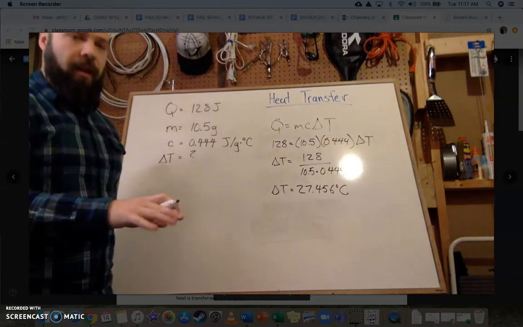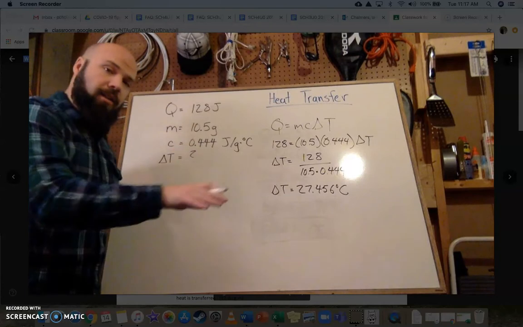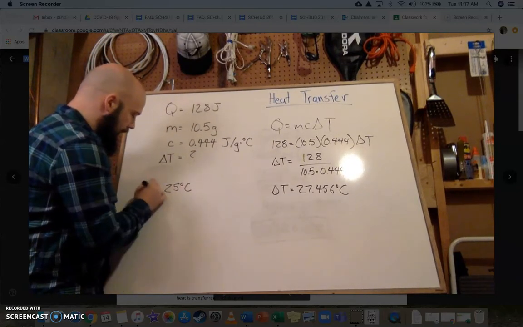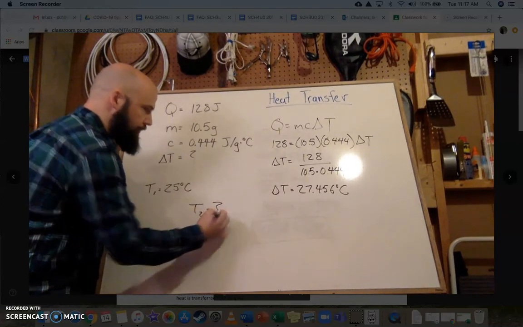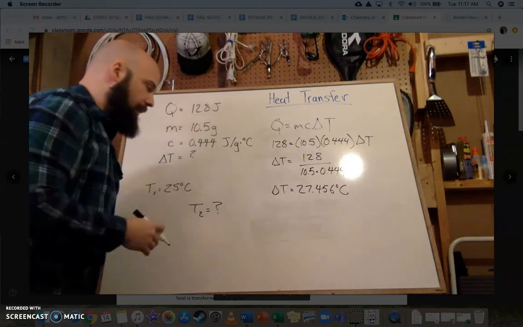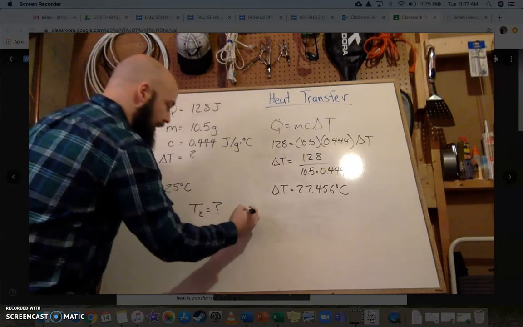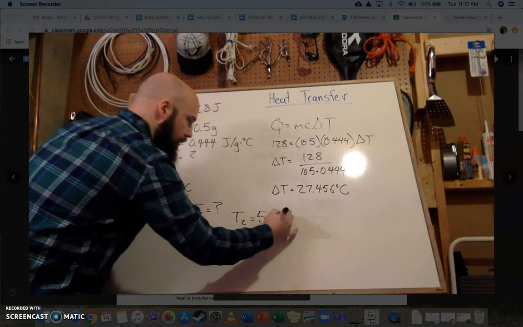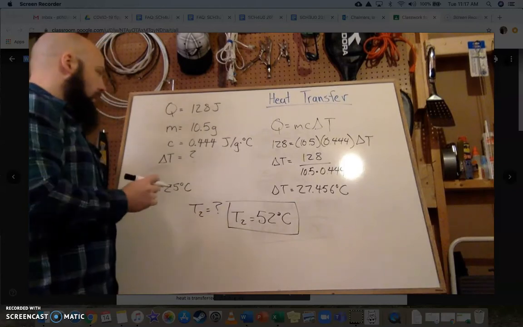This is not your final answer because it asked for the final temperature of iron, given that it starts at 25 degrees Celsius. We could call that T1, and you're looking for T2. So you just add 25 to 27.456, that is 52.456, and it means your final answer is going to be 52 degrees Celsius to the proper significant figures.